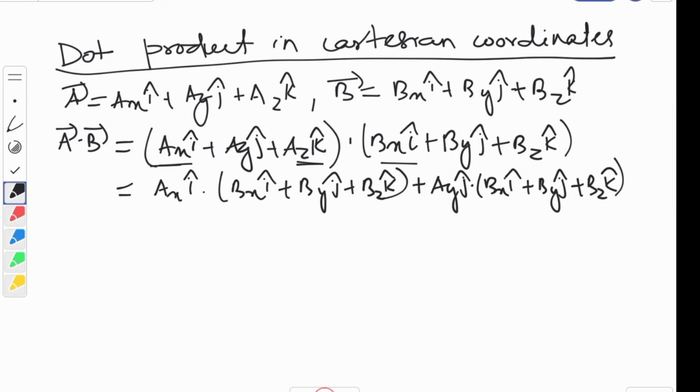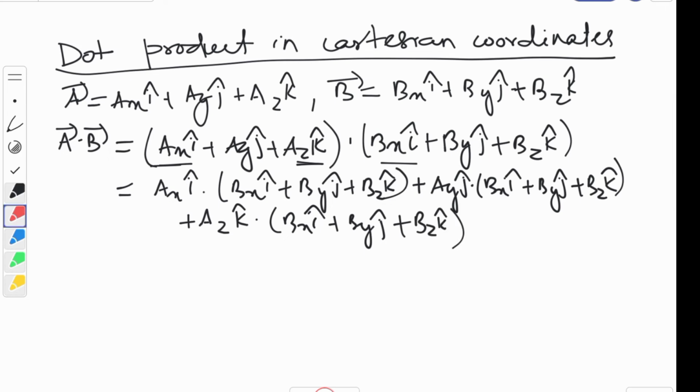Now the last one, plus AZ k cap dot BX I cap plus BY j cap plus BZ k cap. Clear, children?